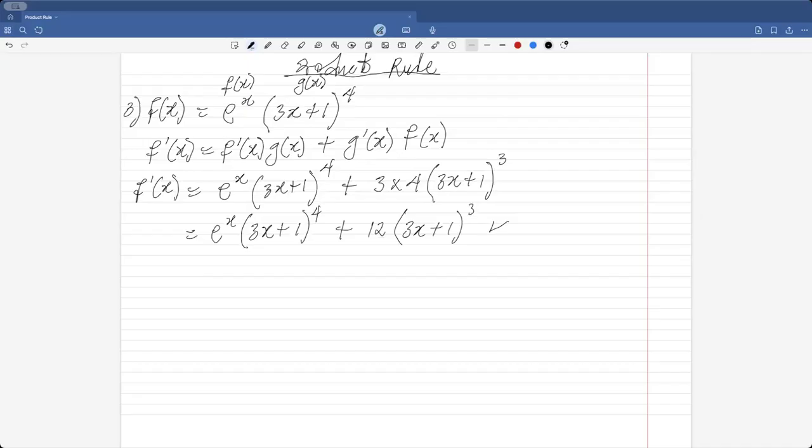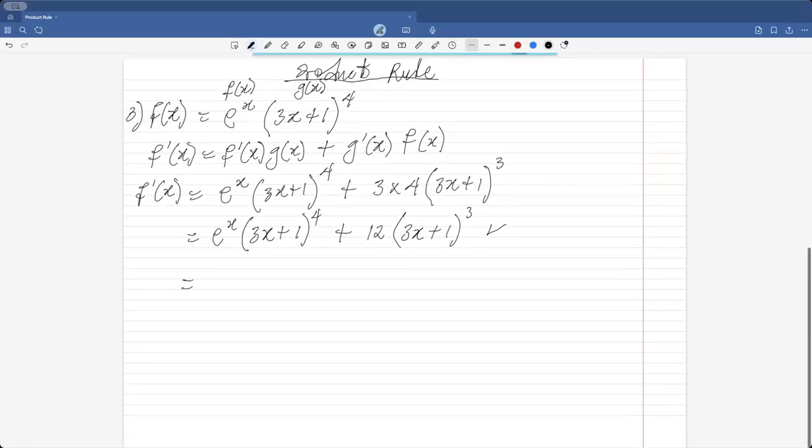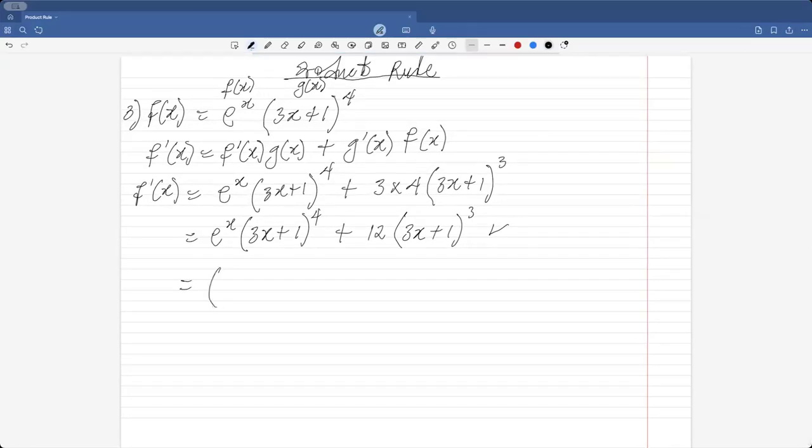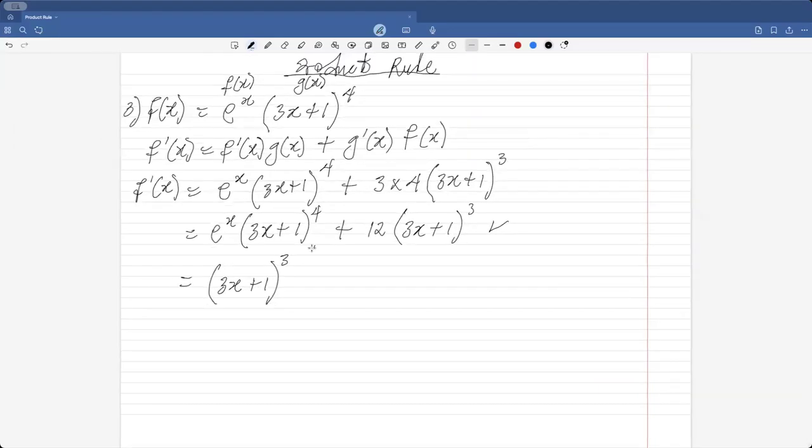You can also factorize by saying (3x plus 1) to the power of 3 will be nothing but e^x (3x plus 1), then we have it to be plus 12. And this is our final answer at this point.